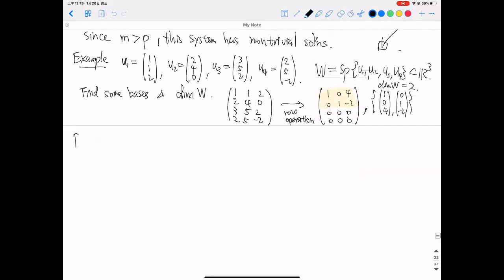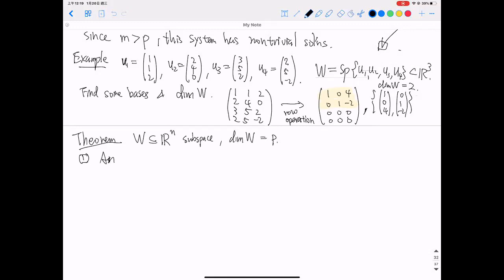Now let's discuss some properties involving dimensions. The properties are summarized in the following theorem. Suppose you have a subspace W and the dimension is P, then the following holds true.